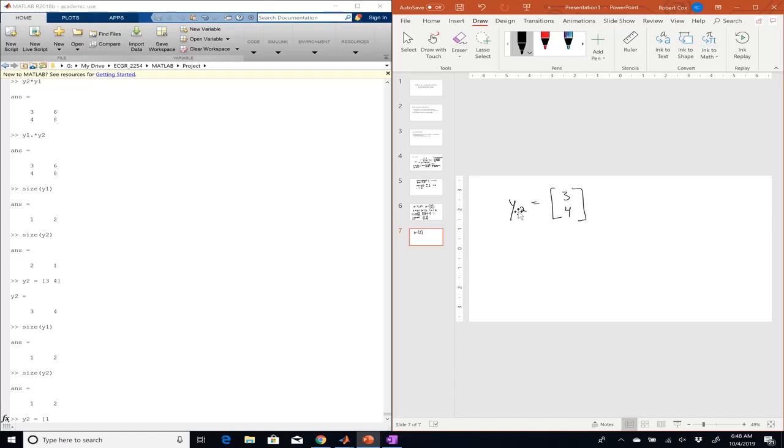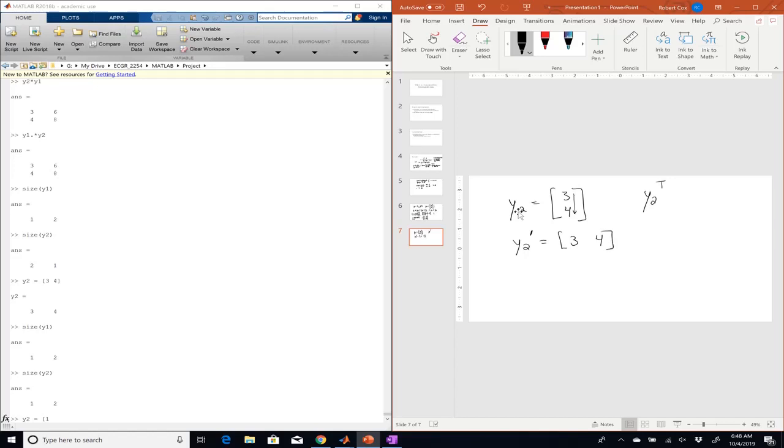So what I could do is I could say, you know what, I want to take every entry in this column and put it into a row. So the way you do that in MATLAB is you do a prime. All right, in matrix operations, linear algebra, you learn that as T for transpose. What that will do is turn this guy into a row vector.